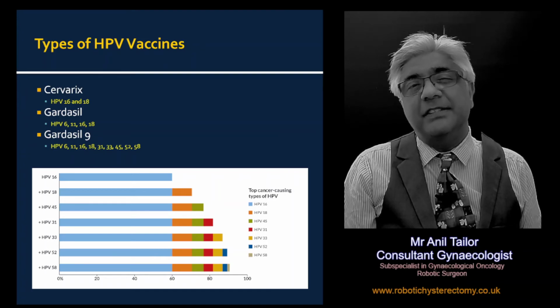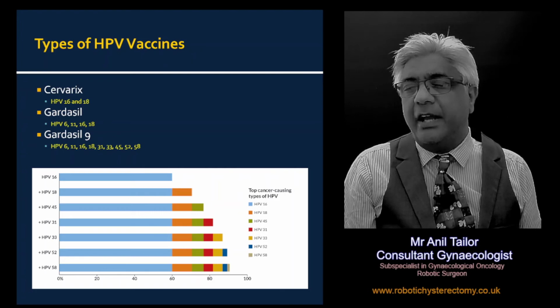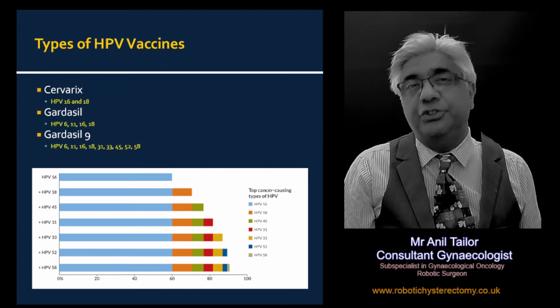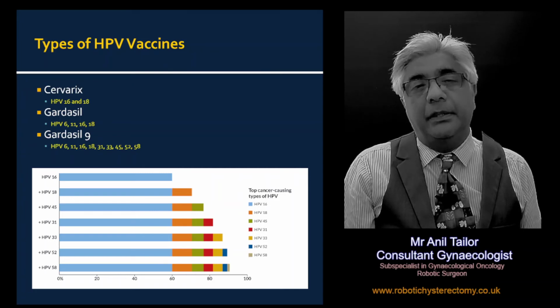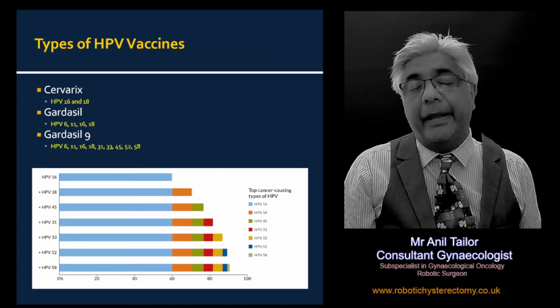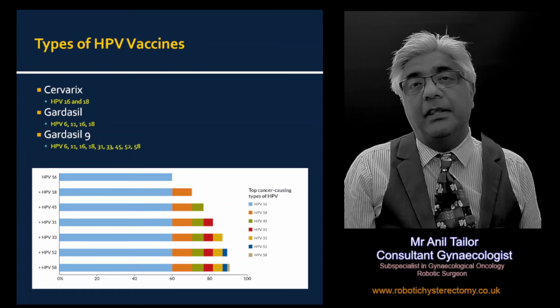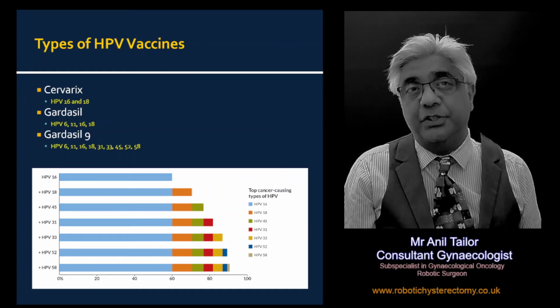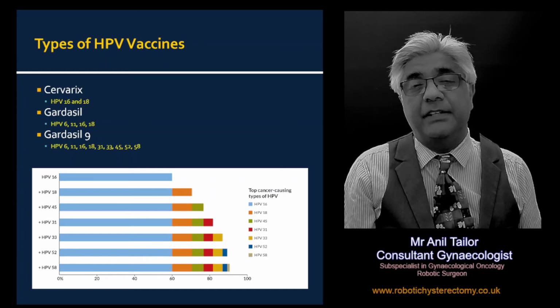Now, roughly speaking, 6 and 11 are low-risk types, but they cause the majority of genital warts. So the rationale behind including those two was to try and minimize the problem created by genital warts. And again, we will look at some of the data.